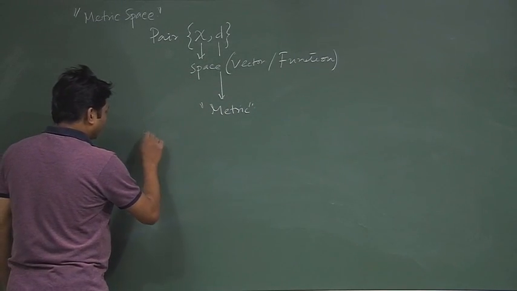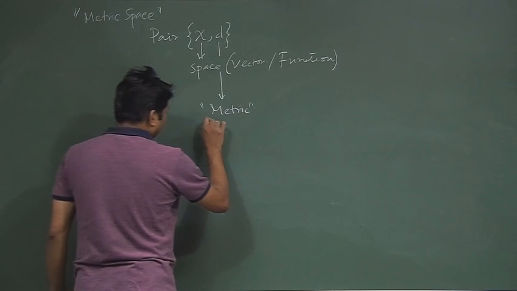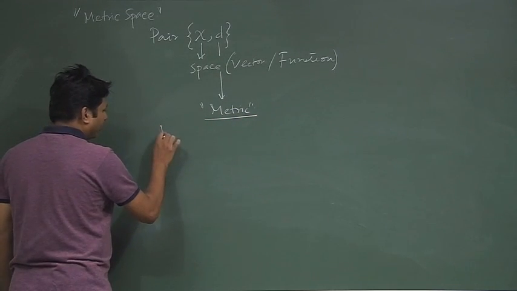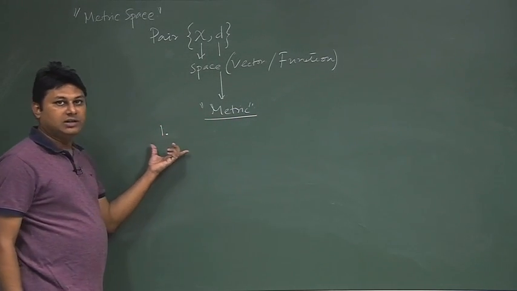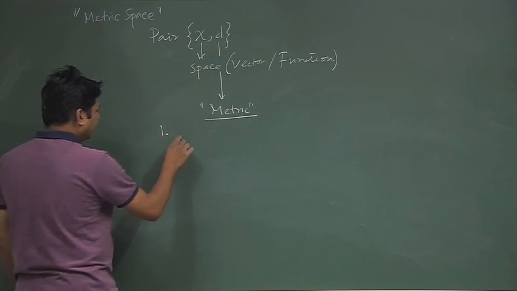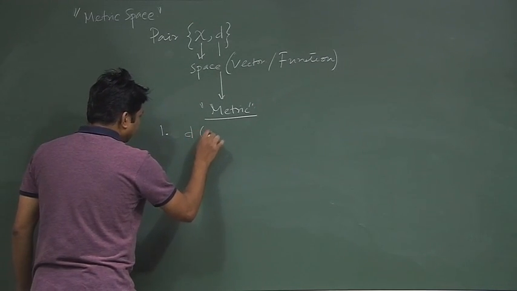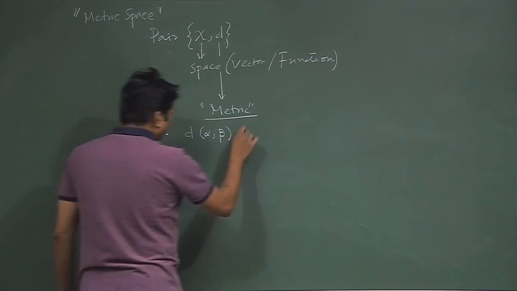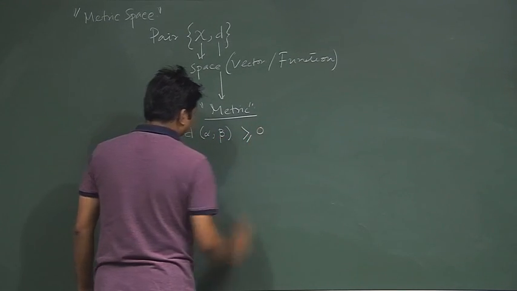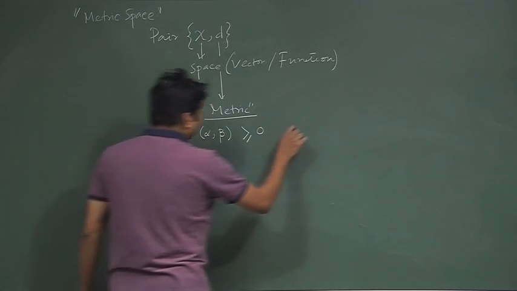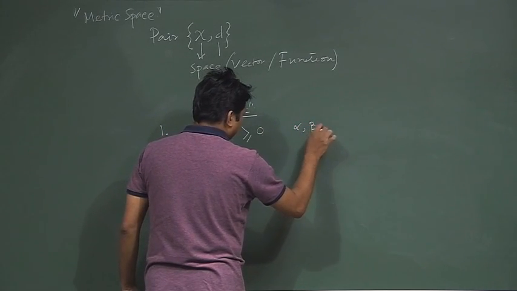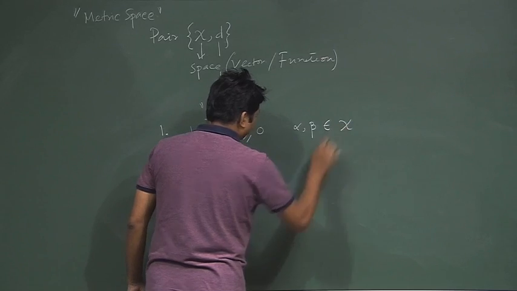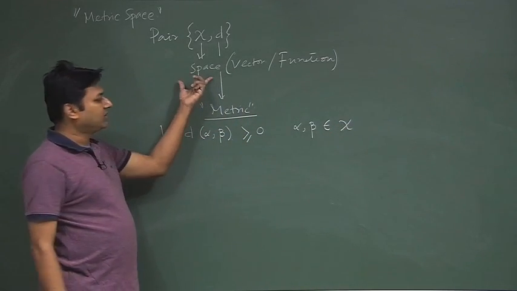Now, d is called a metric when it follows 4 properties. What are they? Let me write d(alpha, beta) is always greater than or equal to 0, when alpha and beta belong to the space, whatever the space I am talking about.